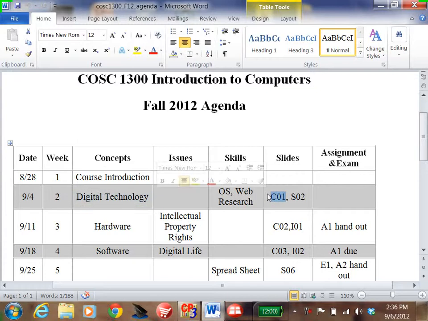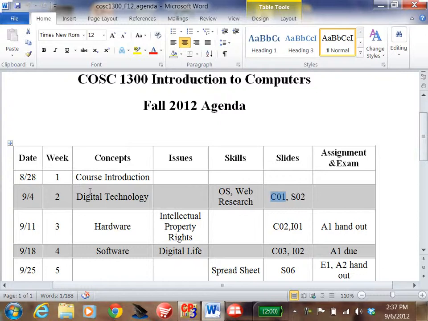What does CO1 mean? It means chapter 1 of the content part of the textbook. Okay? The textbook is divided into concepts. The concepts, I means issues, and S means skills.